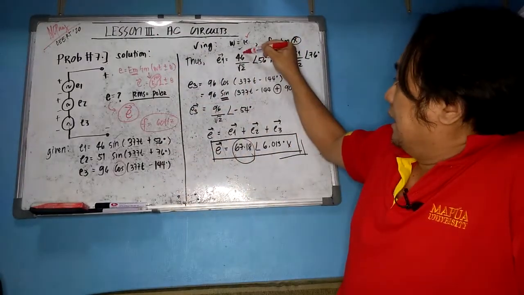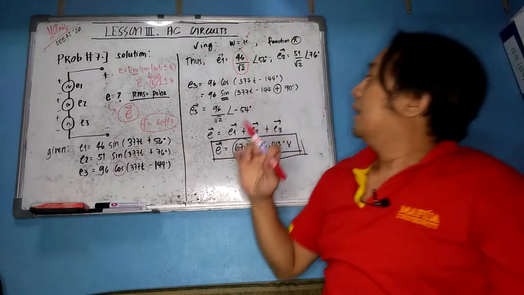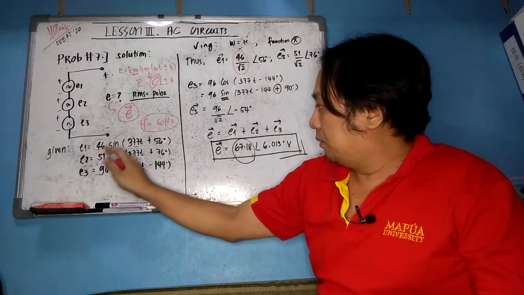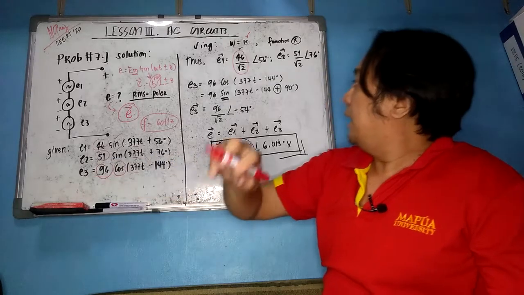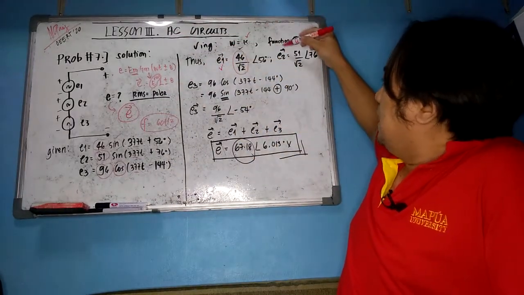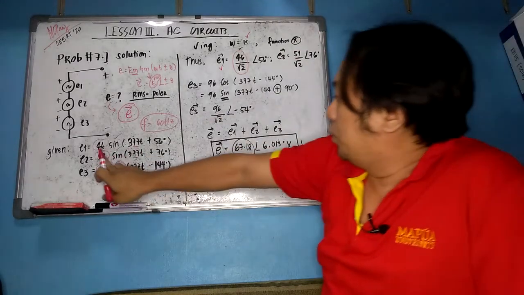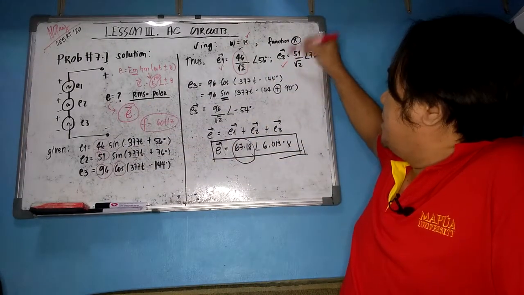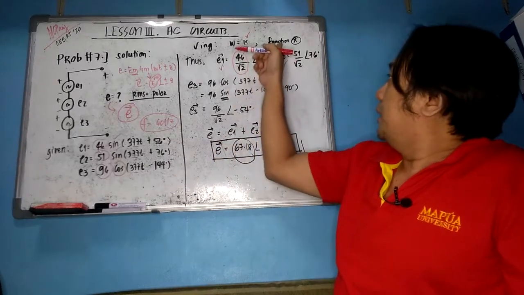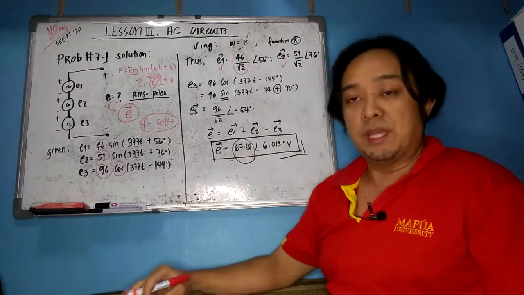So that's why it becomes 46 over square root of 2, because this is the maximum value, and then the bar angle plus 56. Okay, check. E2, 51 over square root of 2, angle 76 degrees, check. But our problem here is the cosine. We need to convert it to sine.